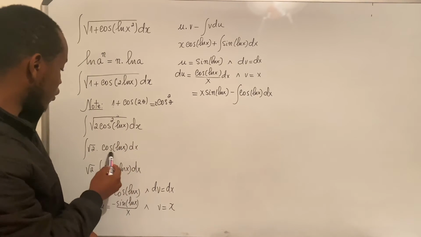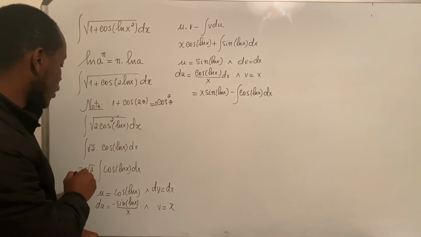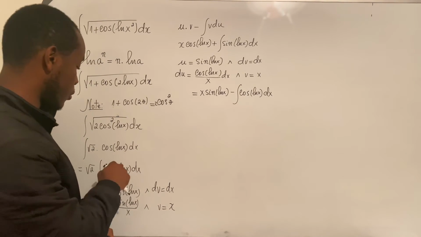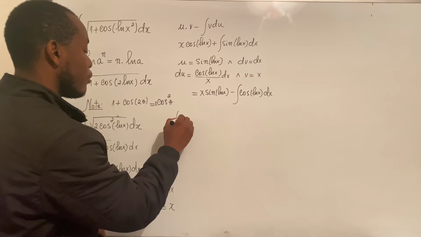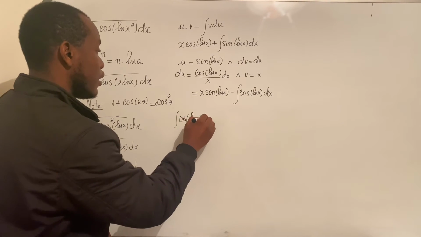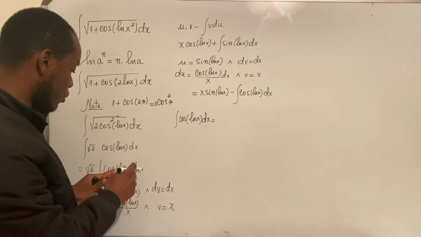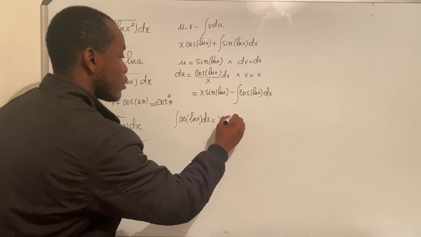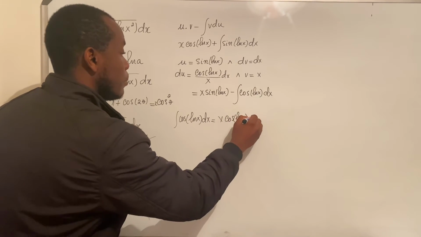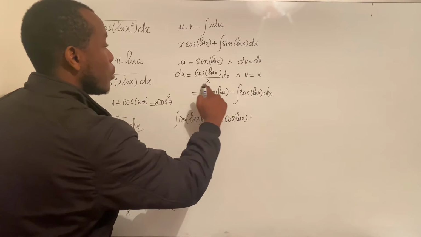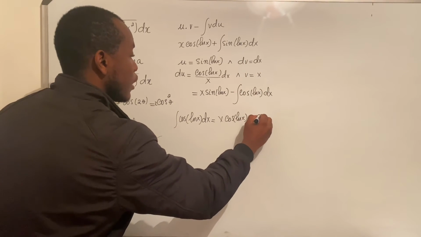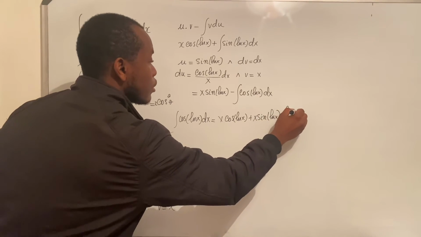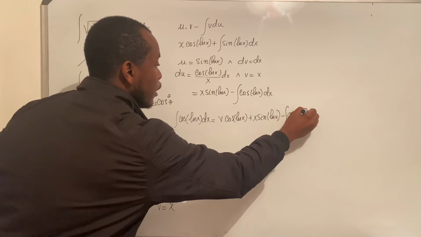Now, let's forget about the square root of 2 for now and just worry about this expression. The integral of cos ln x dx is equal to the result we got, which is x cos of ln x plus the integral of the expression we got, which is x sine of ln x minus the integral of cos of ln x dx.